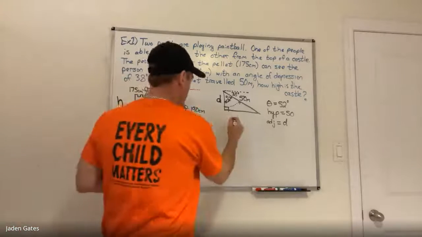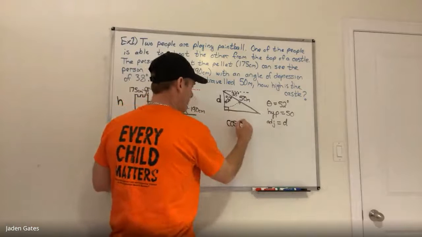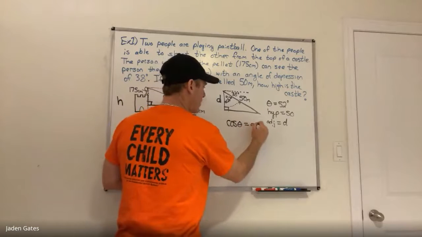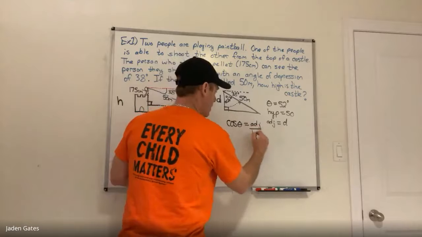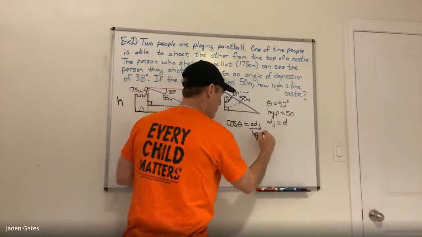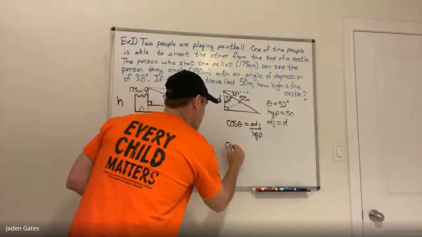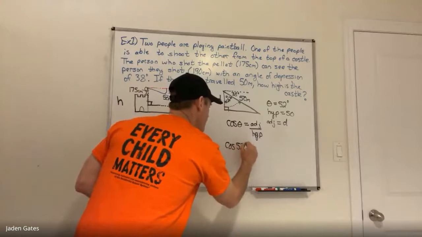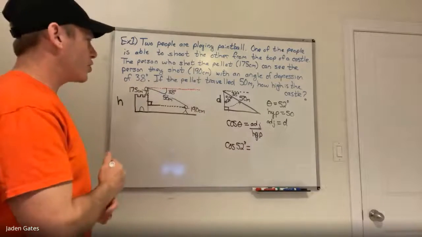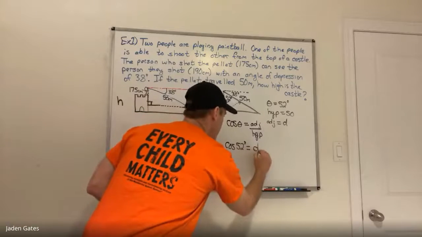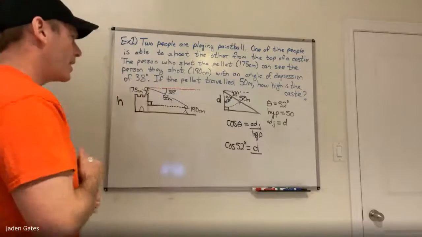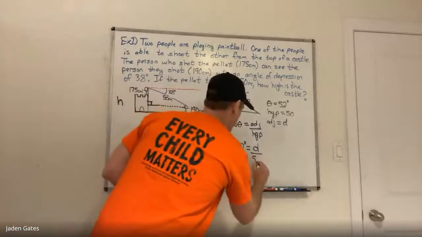All right, so I'm going to write that down. I have cos theta, again, cosine at home, the adjacent divided by the hypotenuse. I'm going to substitute my information in. So I have cos 52 degrees. The adjacent's on the top, that is my D value here, and my hypotenuse is 50.